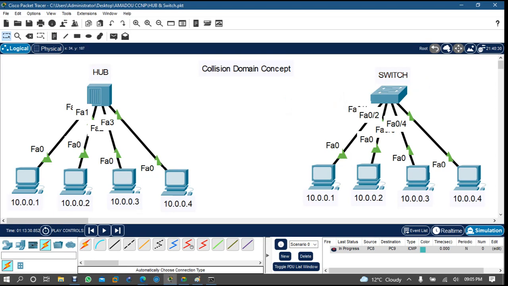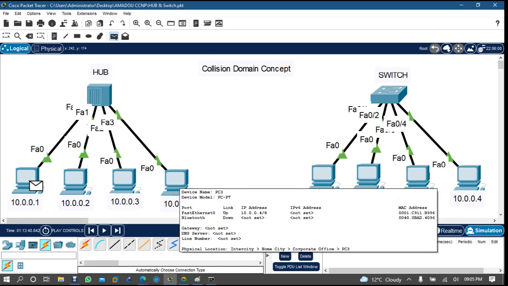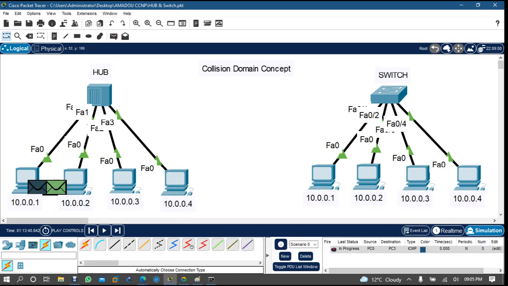Whenever any computer in the network wants to communicate with the help of a hub, see what is happening. If computer A wants to communicate to computer D, the first packet is an ICMP packet, right? So computer A wants to communicate to computer D with the help of an ICMP packet.